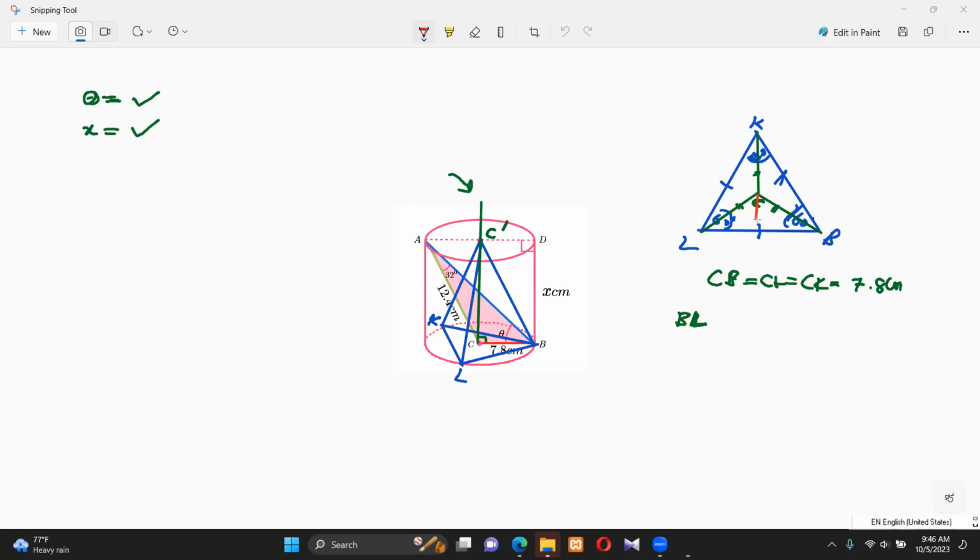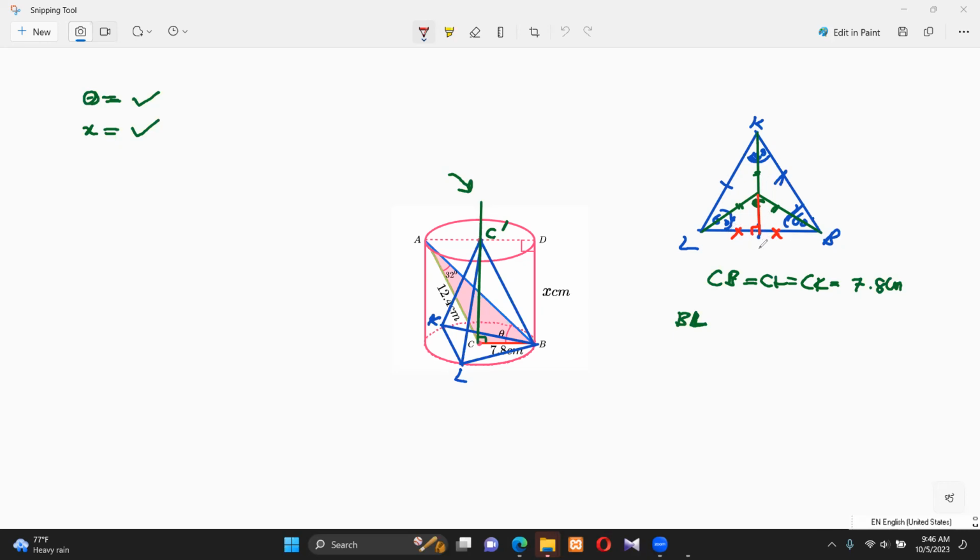I'll make a construction. I'll extend this over there from the center point. I'll extend it up to this one. Then you can see this is the perpendicular bisector because it is produced from the center point to the chord, right?